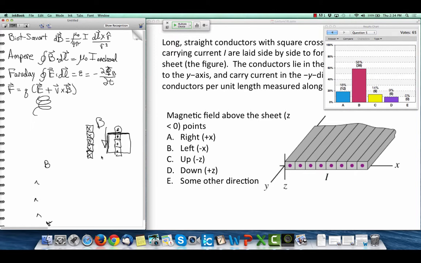So B times that length is the only piece that's left out of B dot dl when you integrate around that whole loop. And that's equal to the current enclosed, and the current enclosed is just the current times however many loops go through that length, the loop that's this tall.